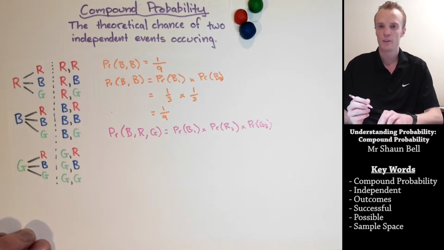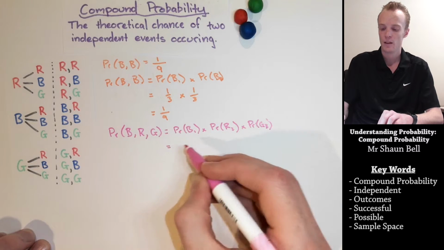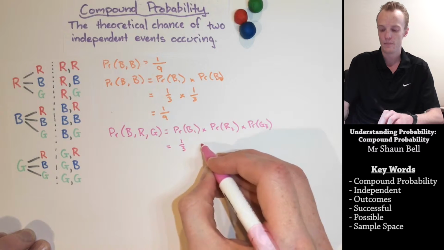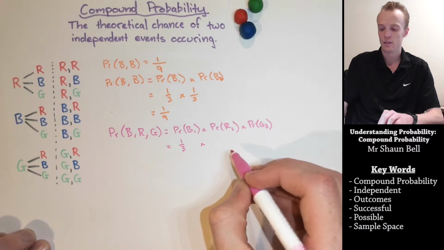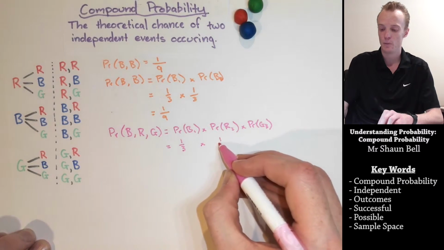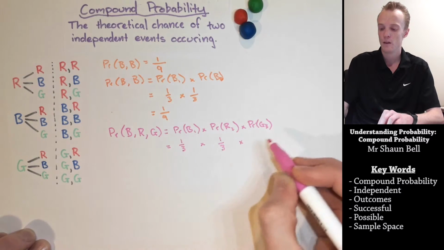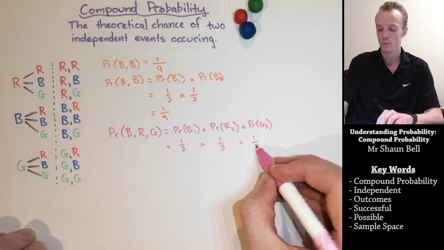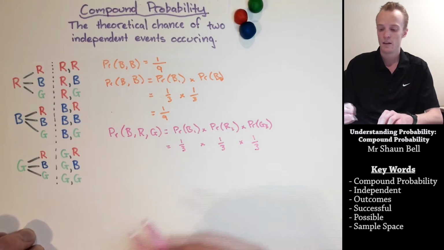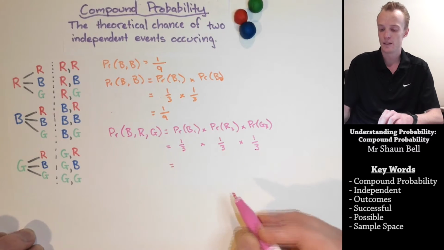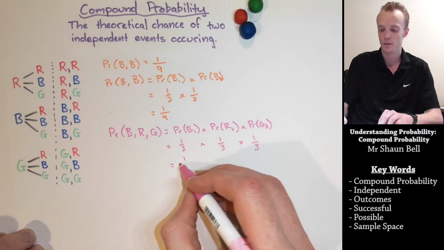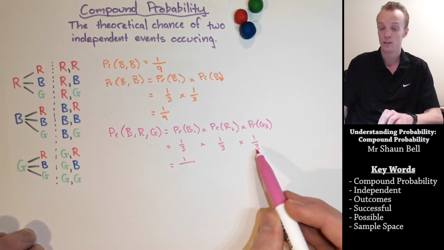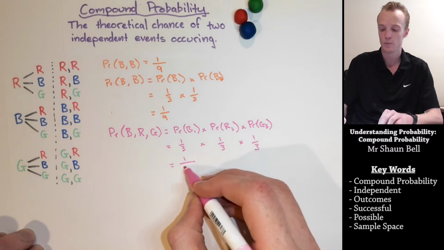If we work out what the chance of these are, the first one of getting a blue ball will be 1 in 3, multiplied by the chance of getting a red on the second ball, 1 in 3, multiplied by the chance of getting a green ball on the third selection, which is 1 in 3. Now, if we multiply these values together, our numerator is still going to be 1. Our denominator is going to be 3 times 3, which is 9, times 3, which is 27.